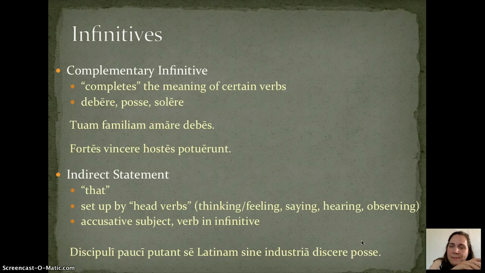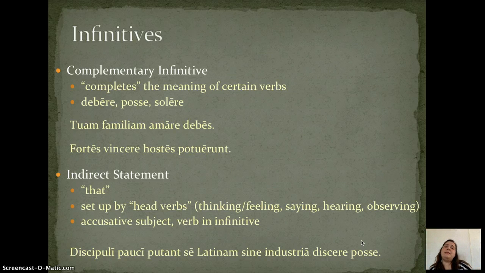The indirect statement is a construction in Latin that is set up by a very specific type of verbs, okay? The types of verbs that set up indirect statement are called head verbs because they're things that you do using your head: thinking and feeling, saying, hearing, or observing, okay? In English, we set up indirect statement by using the conjunction that, but the Romans didn't do that.